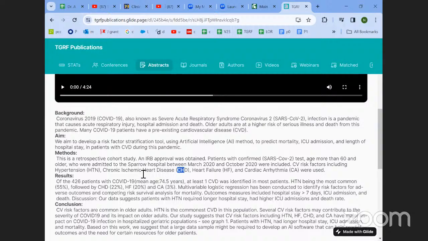In our case, we used what we call a query. So Sparrow Hospital has its own database team where they keep track of all the data. So we asked them to find every patient who has the diagnosis. We gave them the ICD-10 code, which is COVID infection. The age, we wanted them to identify patients who are 60 or more.